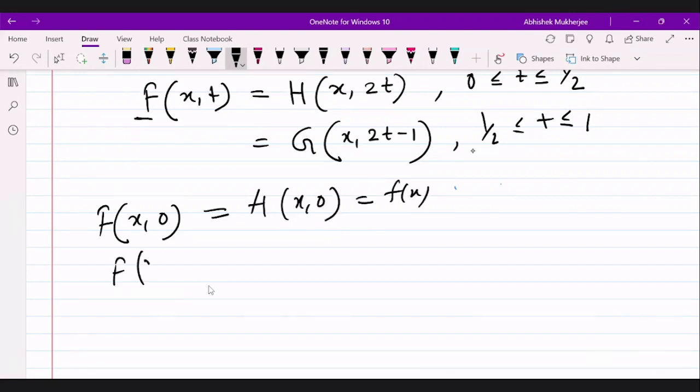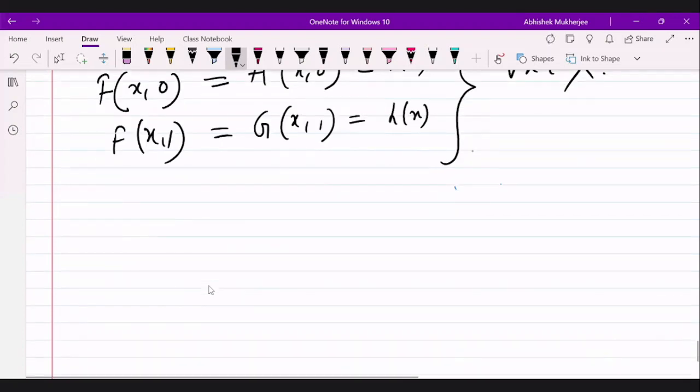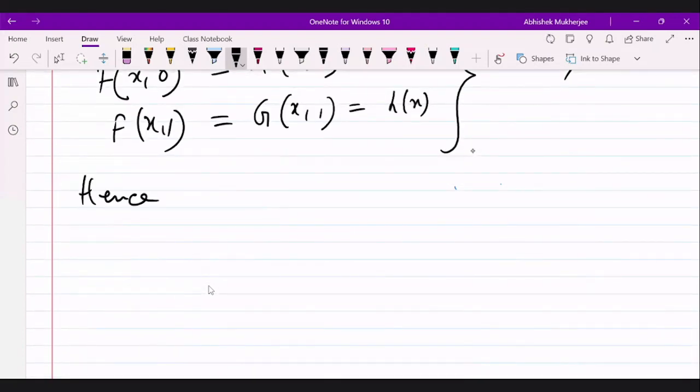And if you take the 1th level, that would be G of x, 1, so this is H of x. So F is a homotopy between F and H. Hence F is homotopic to H. So transitivity holds good. Great.